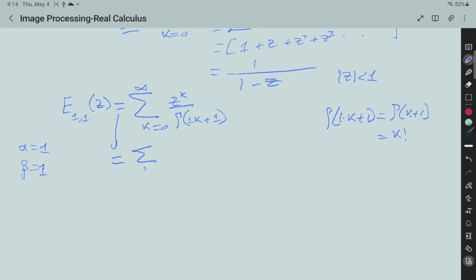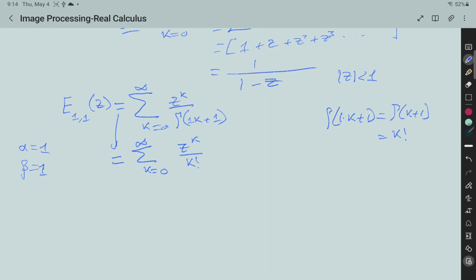So I'm replacing the sum here. k is still going from 0 to infinity. You have z to the k power, and then you have k factorial. Ta-da!